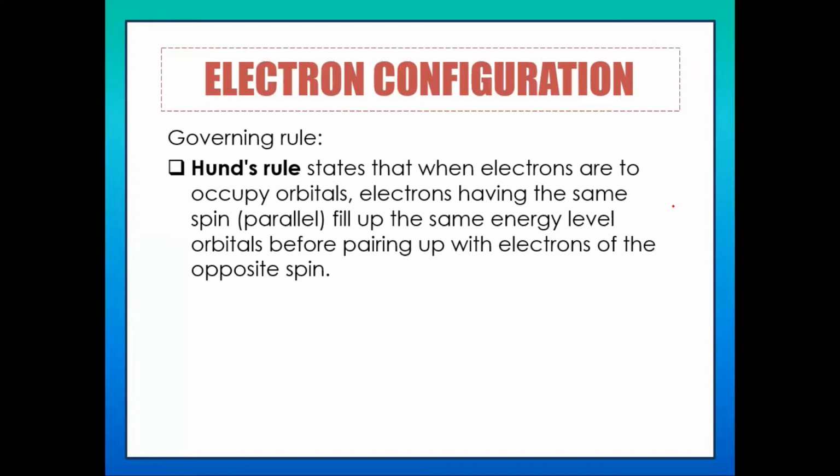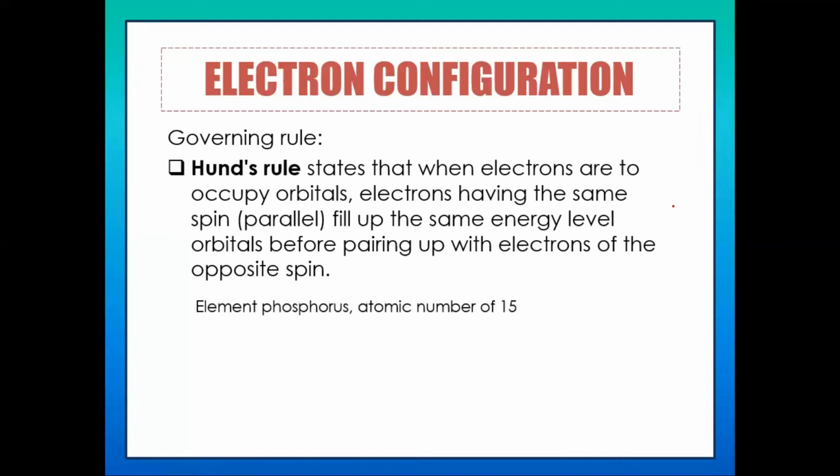So you have to begin with filling each box with an upward arrow before proceeding to the downward arrow. Now, to practice that, let's take a look at the correct way of drawing the orbital diagram of an example element, which is phosphorus with atomic number 15.